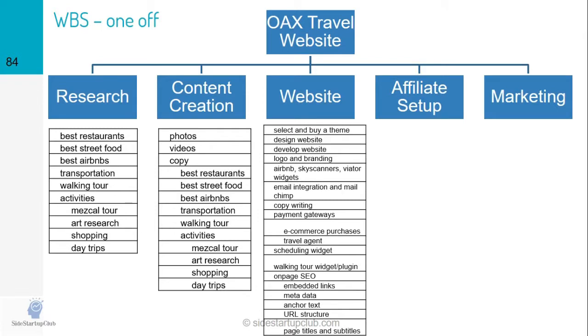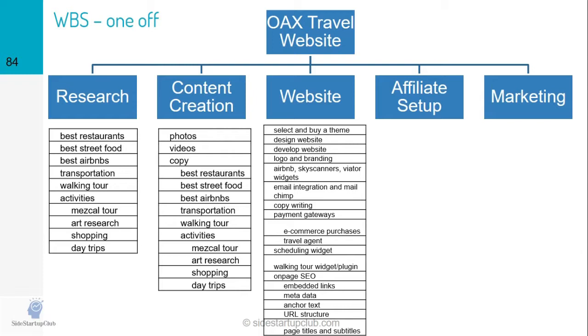And then the website is where things start to get a little concerning. But if I can select and buy a theme that has all of the development and the design already in place, and say I give them $100 and now I just need to populate the content with my own information, this is going to be extremely streamlined. So that's something I'm going to want to look into early on.